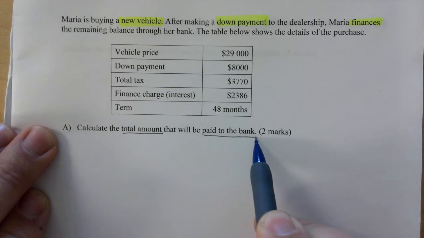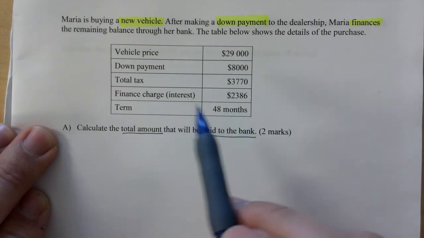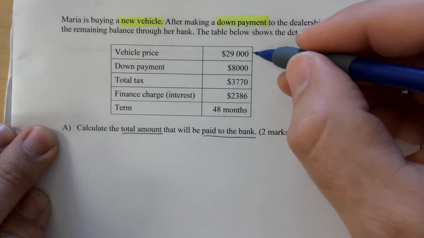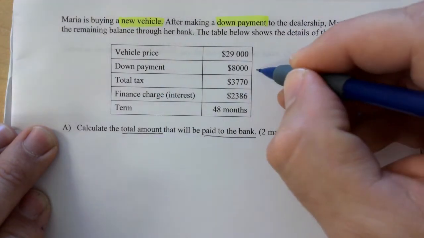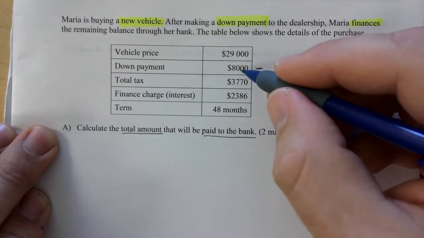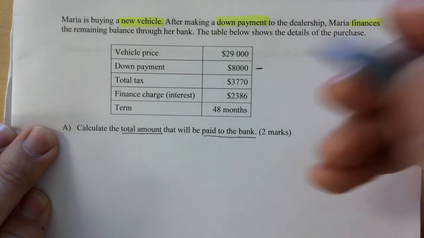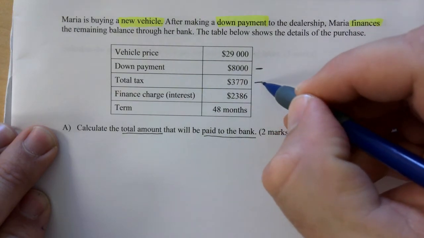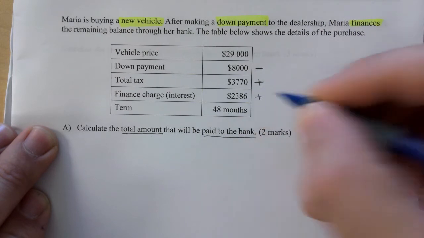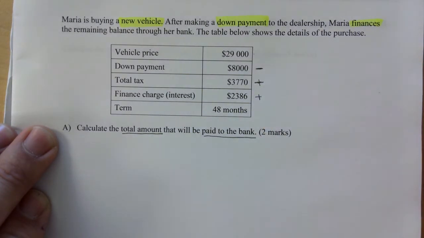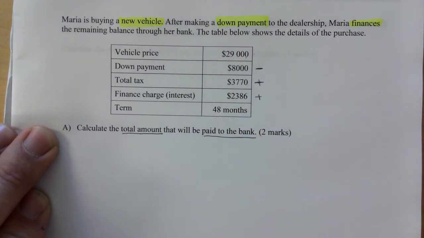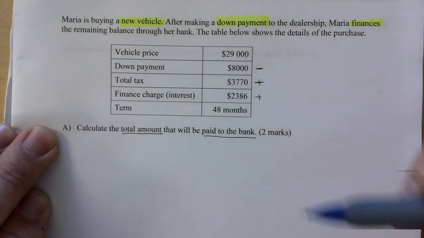So the bank would get, we would have to take the vehicle price for sure, subtract the down payment, because that's what you're paying, obviously, right? Then add the tax and add the finance charge. The down payment brings it down. So you're not paying that to the bank, you're paying it towards the vehicle.